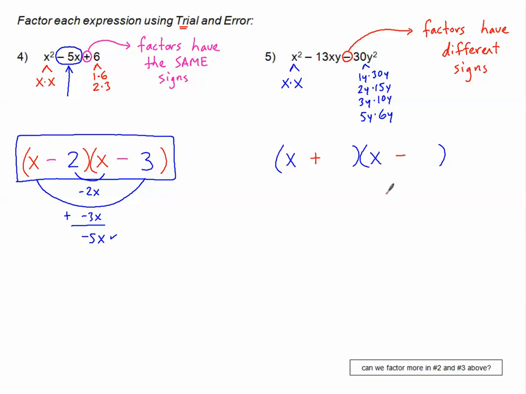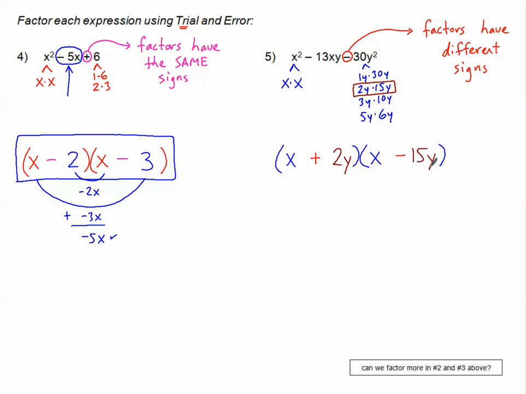And since now I know that I'm subtracting numbers to get to this negative 13, my eyes are on this one right here. I know that 15 minus 2 is 13, but actually I need negative 13. So I think I need to go that way, 2 minus 15. So the 2 is going to have to be positive, 2y, and the 15y has to be negative.